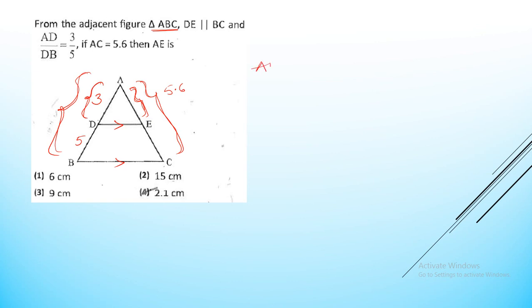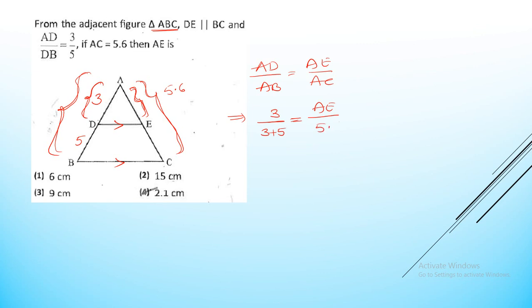So how can you apply that? AD by AB is equal to AE by AC. Now when I substitute the values, 3 by 5 is equal to, so not 3 by 5, AD by AB, no? So from the figure, what is AB? AB is nothing but 3 plus 5, which is equal to AE, that is the thing we need to find, by AC.